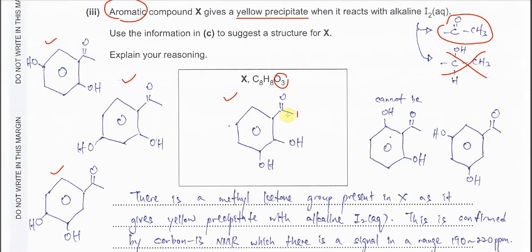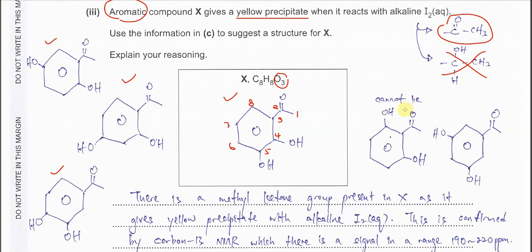This one is 1, 2, 3, 4, 5, 6, 7, 8. Because it's not symmetric, all the carbons are different now. It will give 8 signals. Same as all these 3. You get 8 different signals.